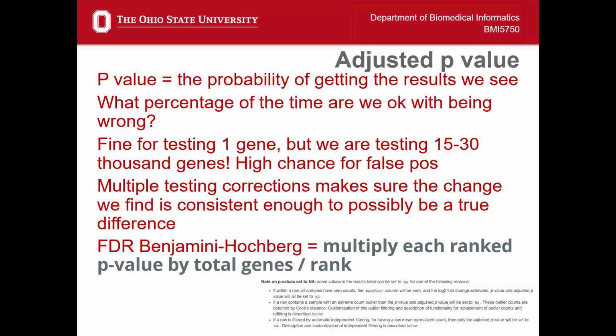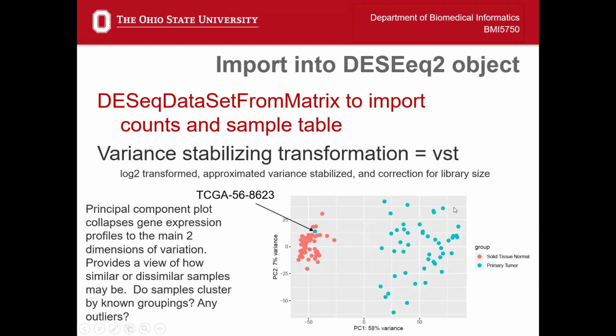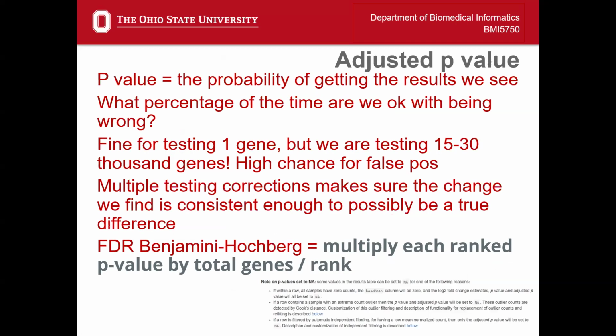Before we even do the differential expression analysis, we ask, what do our samples look like with a PCA plot from that principal components analysis? So we do our differential expression with that command, and with statistics, you always see a p-value. And the p-value is telling us what is the probability of getting the results that we are seeing right here.